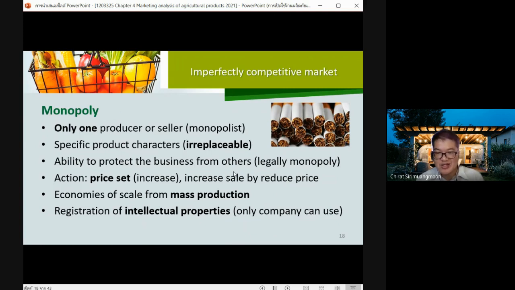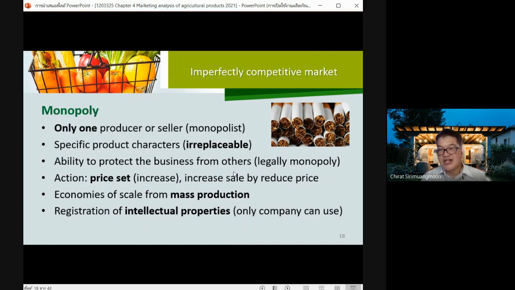So in this case, it's irreplaceable. You cannot replace it. If you just focus on some product that has very specific characteristics, for example, you have a strawberry that has very good taste, a very big fruit, and also the color is so red.